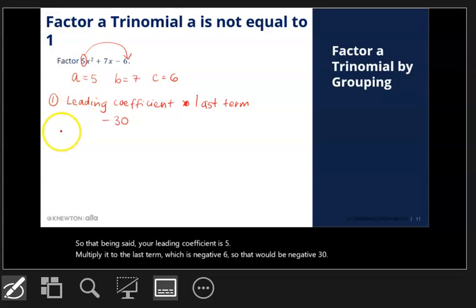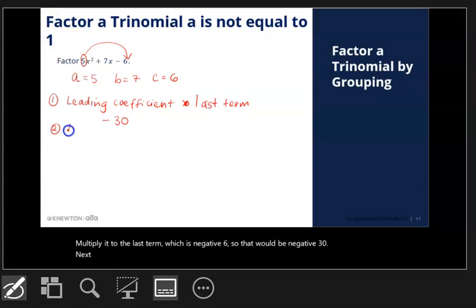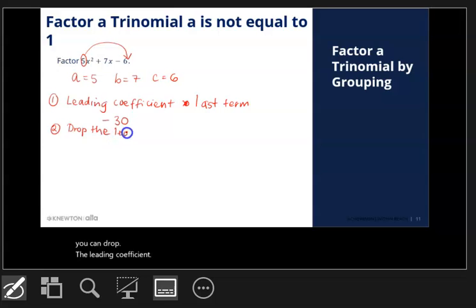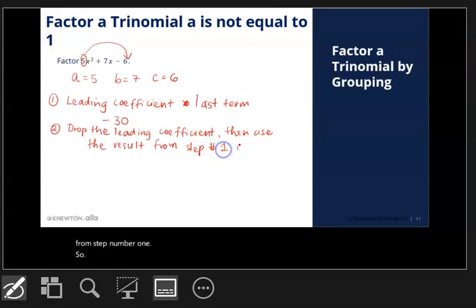Next, you can drop the leading coefficient. Then use the result from step number 1 as the constant.